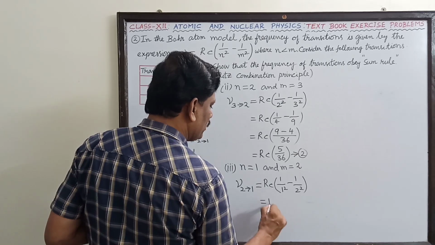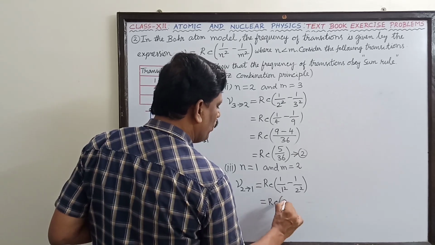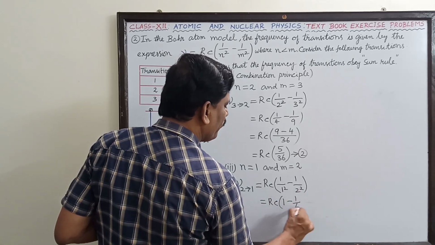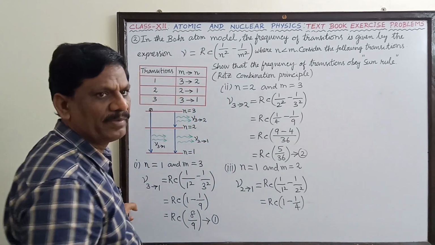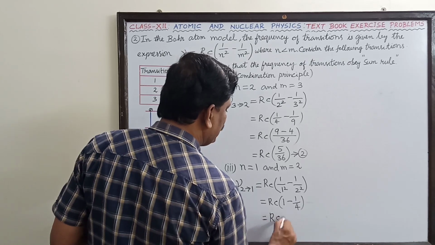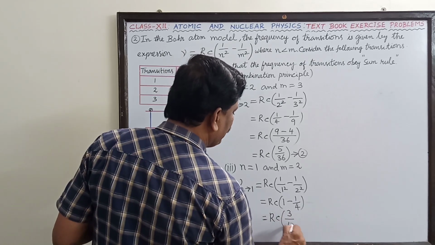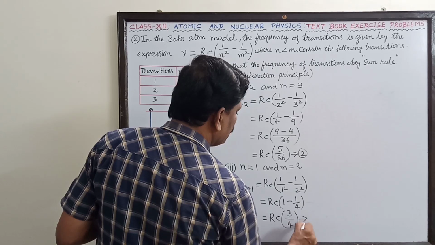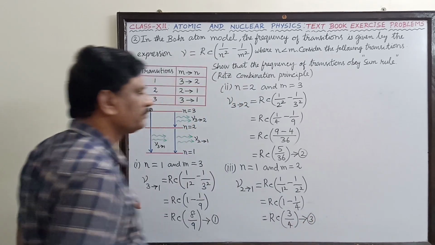So this is equal to R into C into 1 minus 1 by 4. 1 minus 1 by 4 is what? 3 by 4. So this is now equal to R into C into 3 by 4, and this is our equation 3.